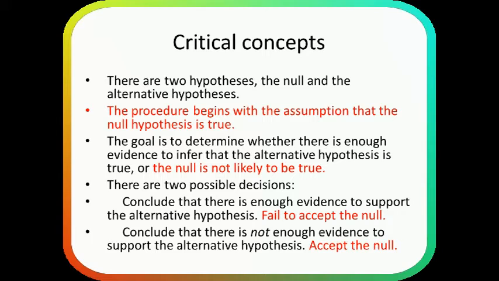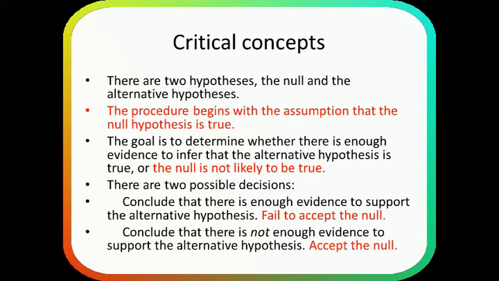to be true. Now the words true, false may be confusing at times, but what we need to remember is there is this language which we use in statistics which is very important for all of us to understand. So the decisions to be made on the null hypothesis could be two. If we get enough evidence to support our alternative hypothesis, we fail to accept the null hypothesis.